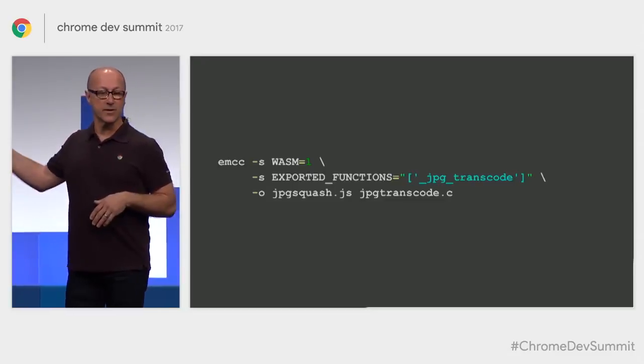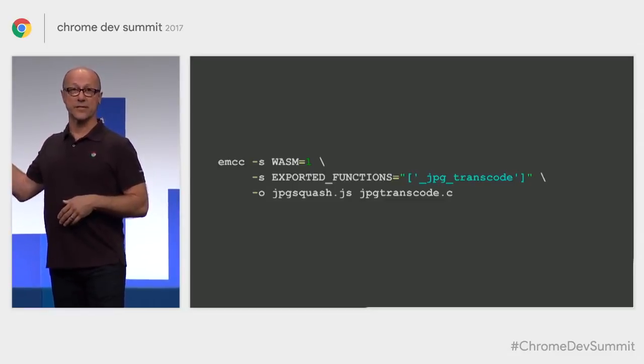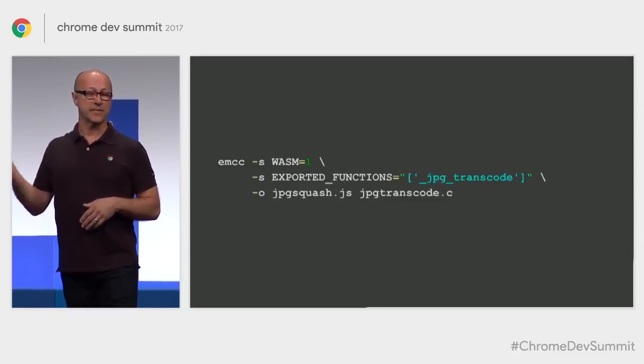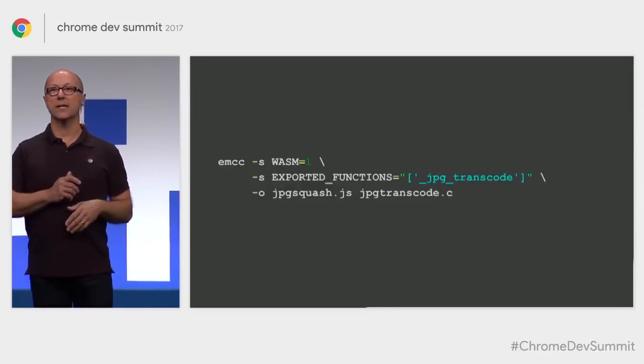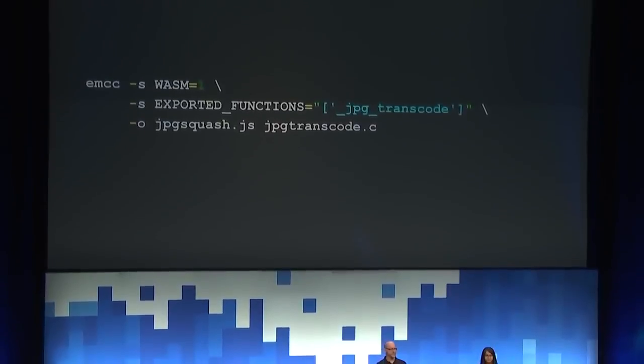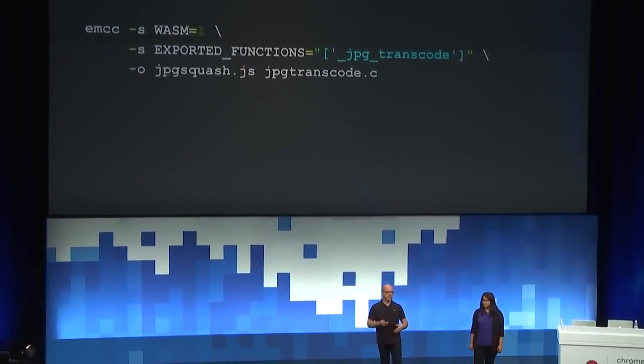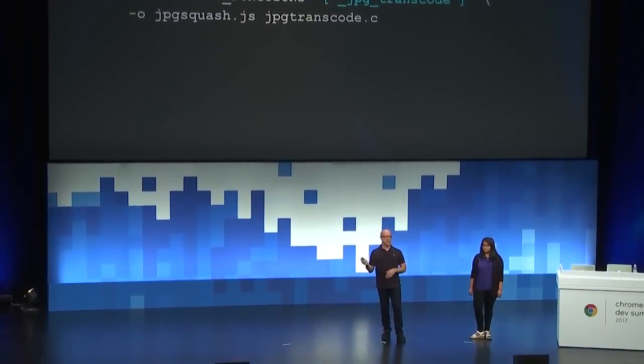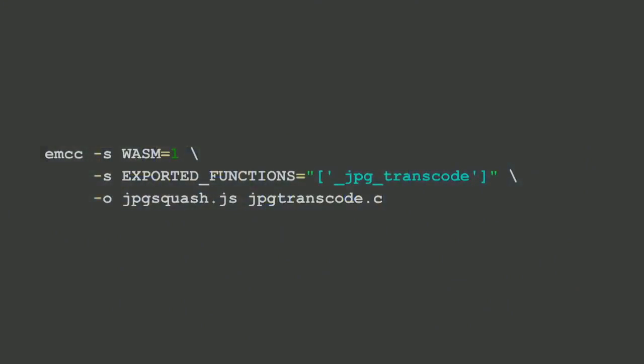It's nice and simple. So emcc is the Emscripten C compiler. Now, this flag -s WASM=1 tells the compiler to generate a WebAssembly module for me. The next line, which says -s EXPORTED_FUNCTIONS, is jpegtranscode, exposes the C function jpegtranscode to JavaScript, courtesy of WebAssembly.